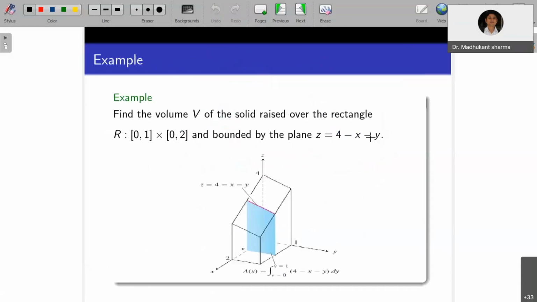So let's have this example now. Find the volume V of the solid raised over the rectangle R. I hope now it is very clear what that means. It is bounded by the plane z equals 4 minus x minus y.